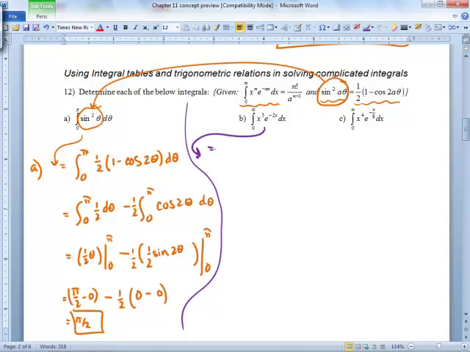This guy equals, okay. Well, we're going to have to use this one for sure, right? We need n factorial over a to the n plus 1. So what's my little n going to be? 3.